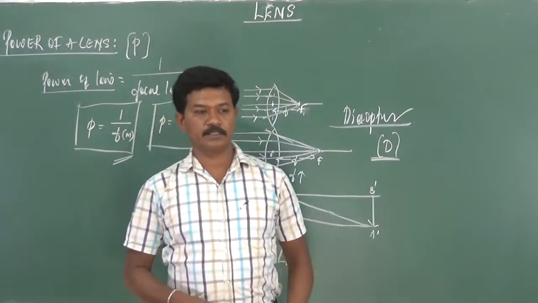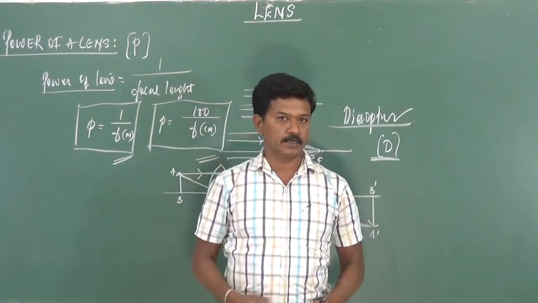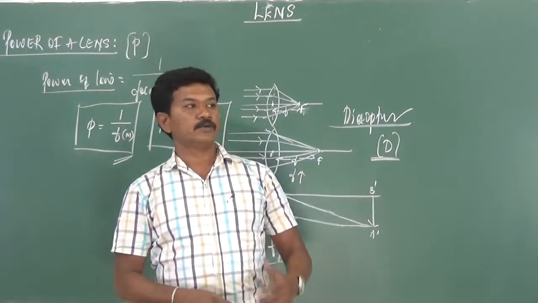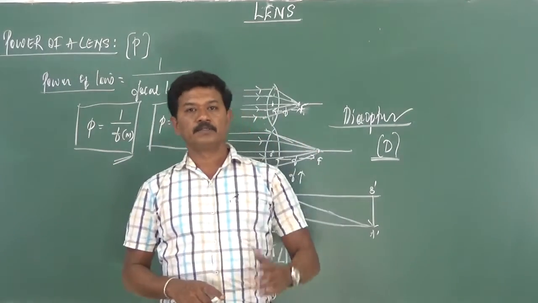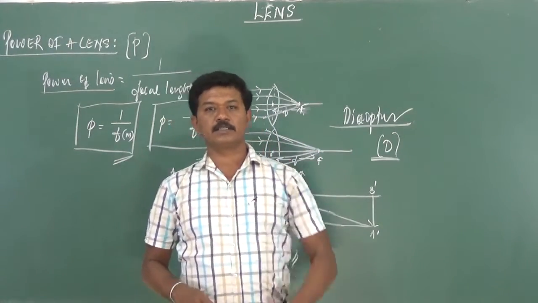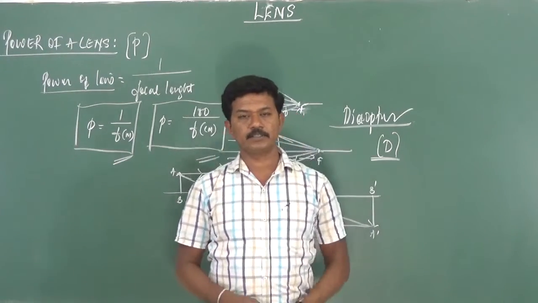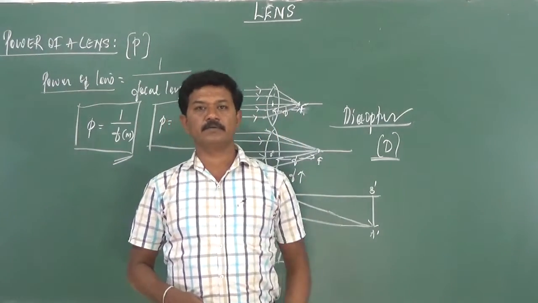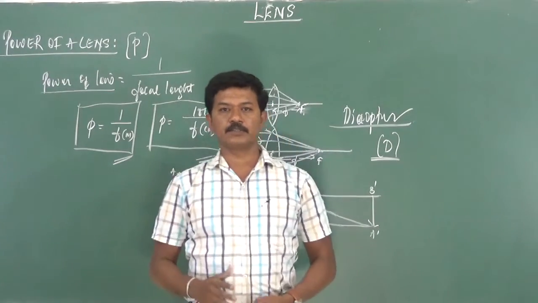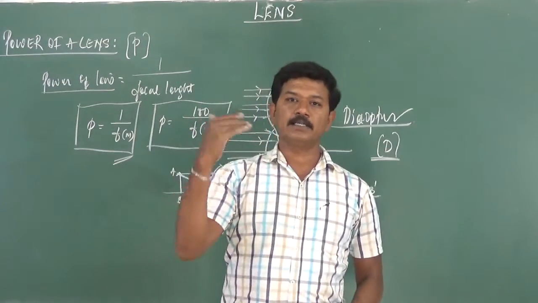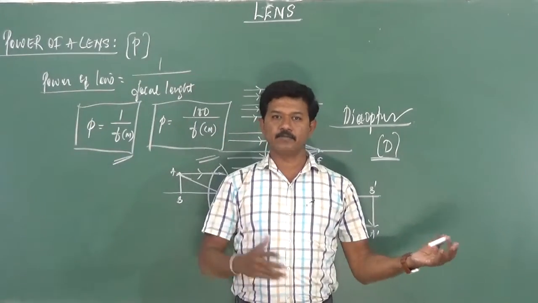In the previous session we had discussed the uses of lenses also along with ray diagrams. Regarding the convex lenses, I had discussed some 6 uses with you. Among them, convex lenses are used in astronomical telescopes. It's an optical instrument which works on light. So convex lenses are used in making astronomical telescopes used to watch heavenly objects like planets, our moon, stars.